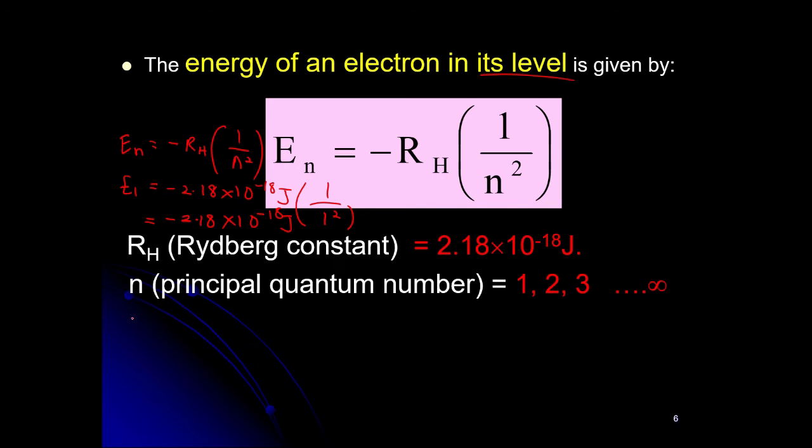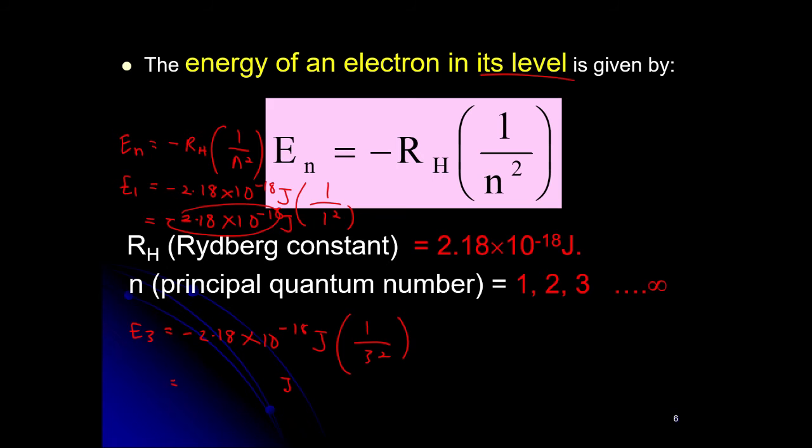If you calculate the energy of an electron when it is at principal quantum number n equal to 3, we will find that its energy will be less than this. Why?